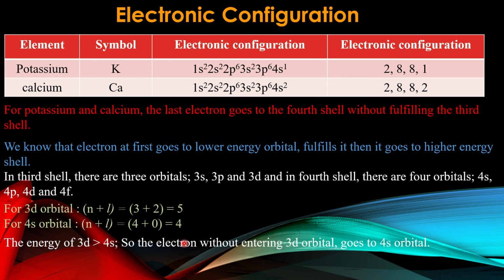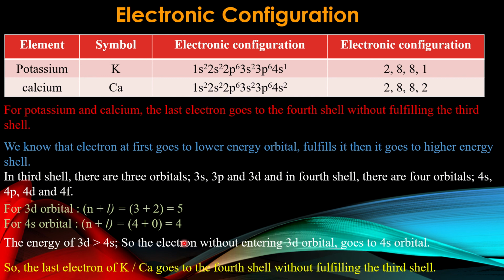So the electron at first goes to 4s, fulfills it, then it will go to the 3d orbital, and for this reason the last electron of potassium or calcium goes to the fourth shell without fulfilling the third shell. This is not an exception. There is no exception. It is the general rule of electronic configuration.